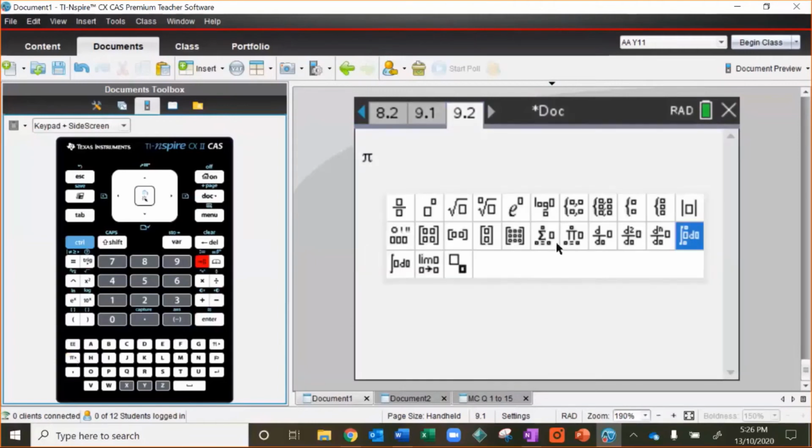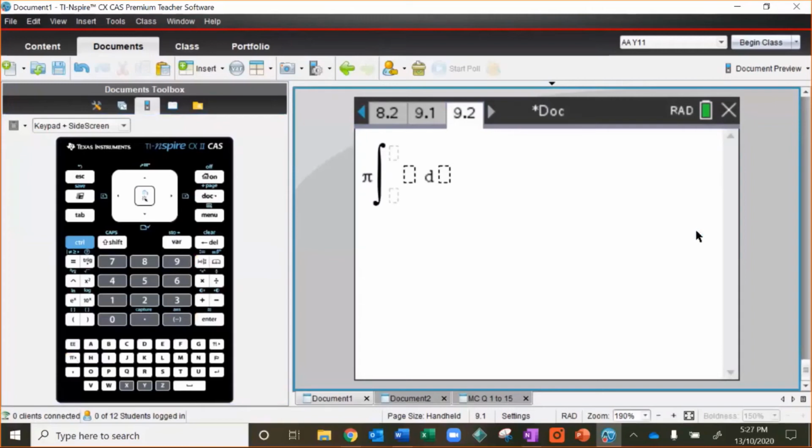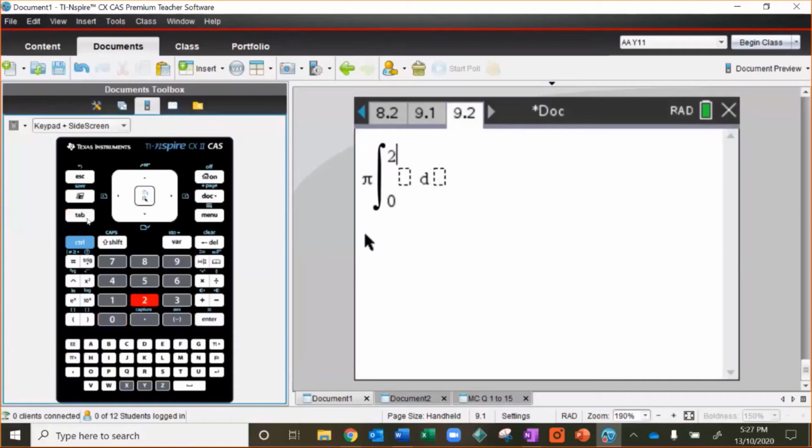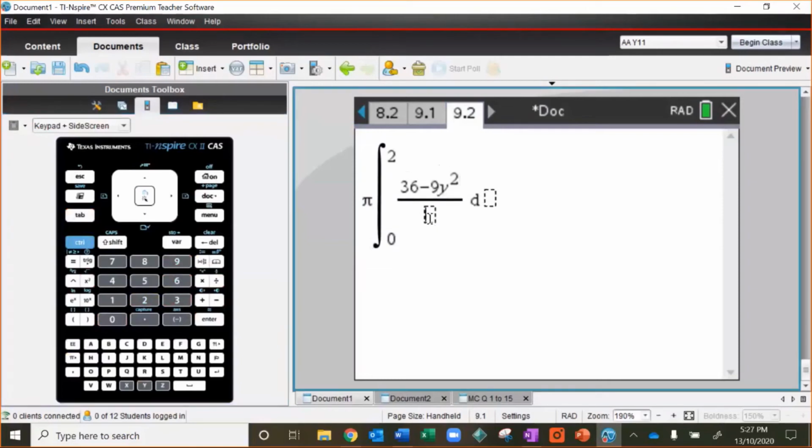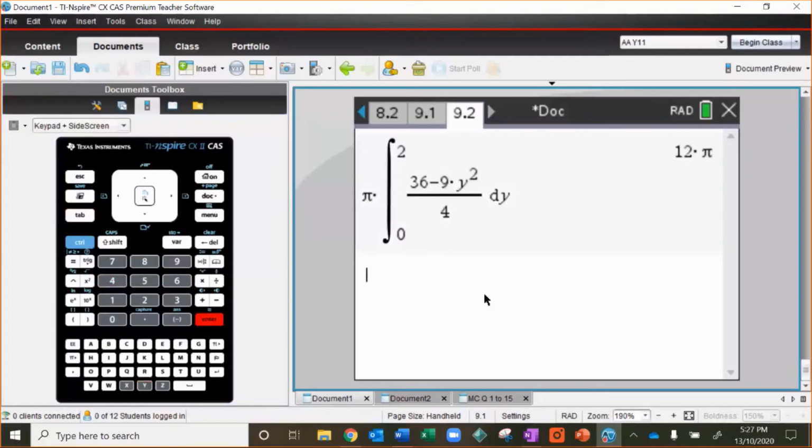Those ones are not written on the formula booklet, and we go 0 to 2, and of course you need to rearrange your equation to make x squared appearing there, which is (36 minus 9y squared) over 4, and it is dy, rotation about the y-axis, which we obtain answer 12 pi. So question 9 has the answer C.